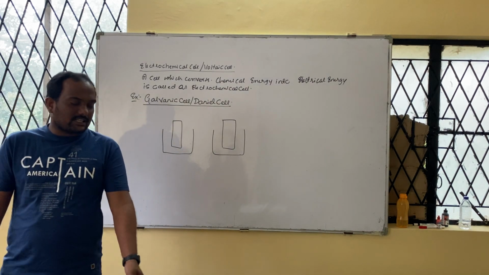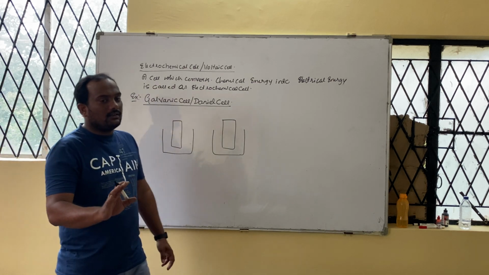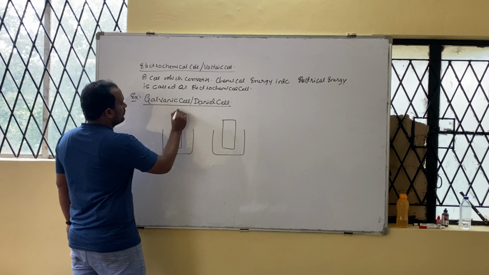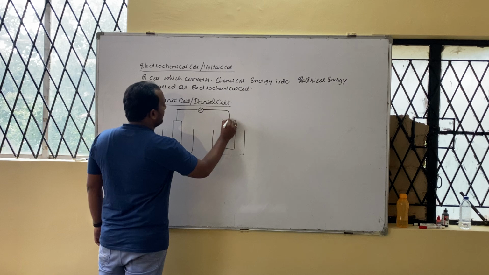At the anode, which reaction should take place? Oxidation. At the cathode, which reaction should take place? Reduction. It is connected to some voltmeter to show the reading of the current we are getting from this.